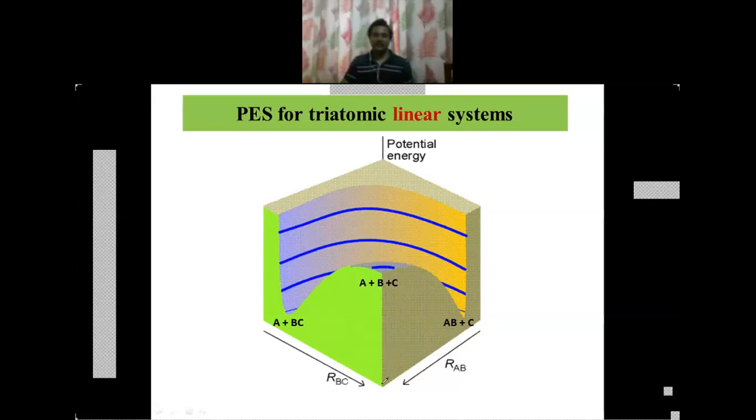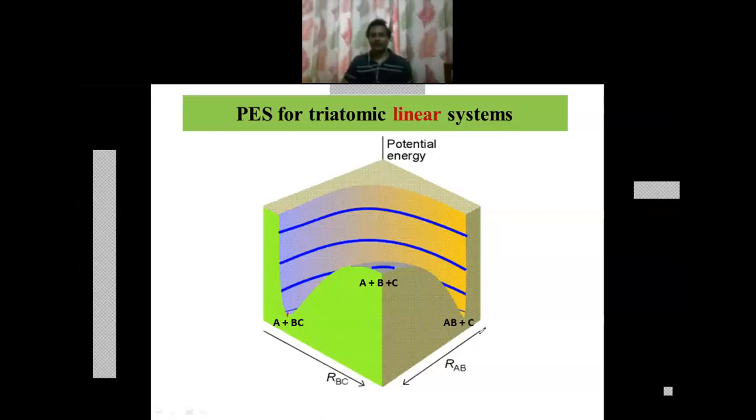Now if I go along this direction, my BC distance decreases, right? But A is still infinitely separated. So that is A plus BC, and now this point is exactly the equilibrium distance of BC. Now A is still infinitely separated, so that is basically my reactants.